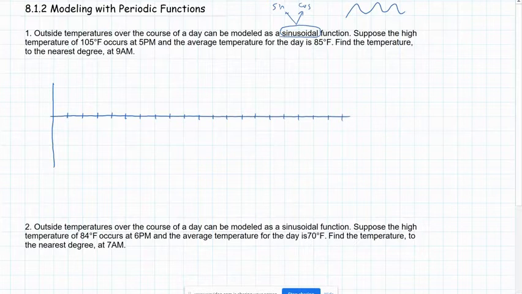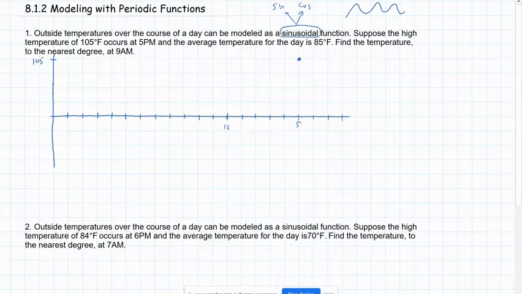Okay, so 5 p.m. There's noon. And there's 5 p.m. So it reaches its high of 105 at 5 p.m. So let's say this is 105.